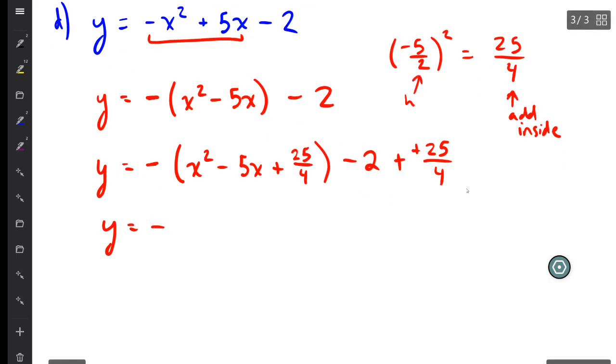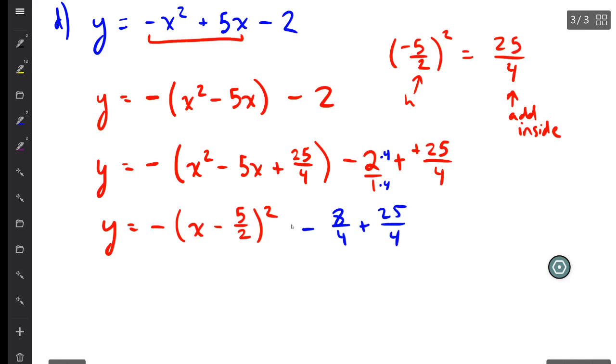So negative, parentheses, x minus 5/2 squared. And then this one is a little tricky. We are going to just have to add fractions. So we are going to have to get a common denominator, times 4 times 4. And that's minus 8/4 plus 25/4.